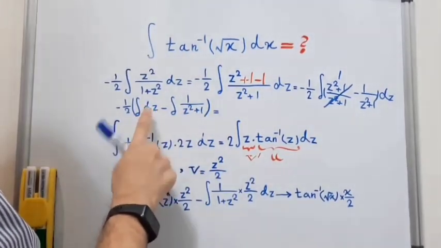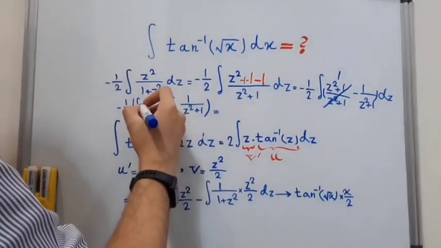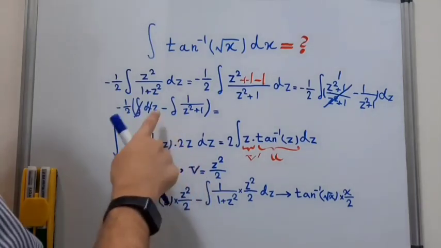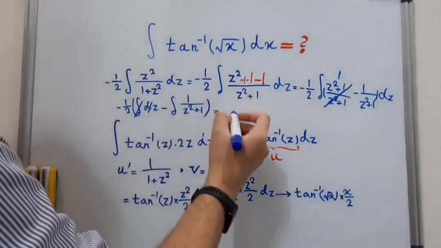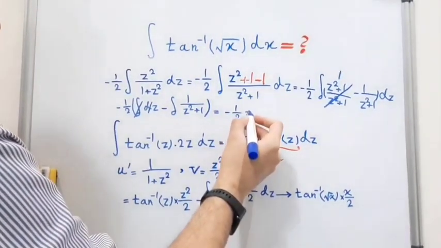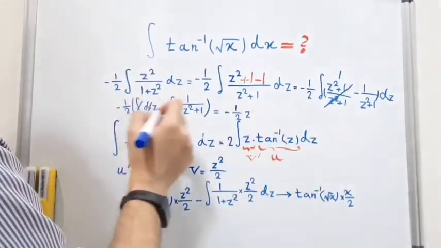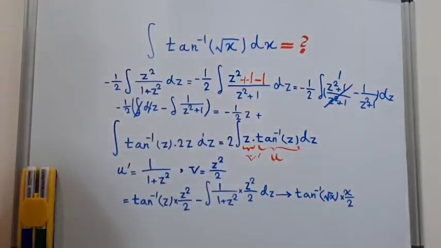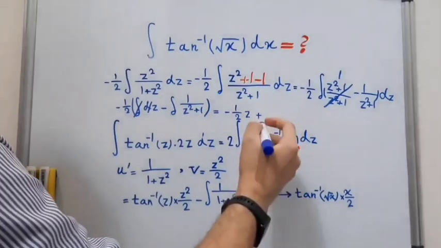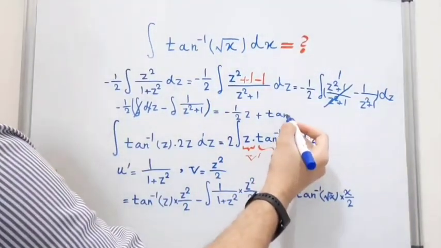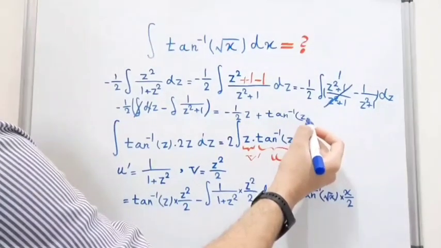And this guy, we can just simplify the integral and the derivative. And we're going to have minus 1/2 z, minus with minus is going to be plus, actually positive, and the integral of this guy, I said, tangent inverse of z.